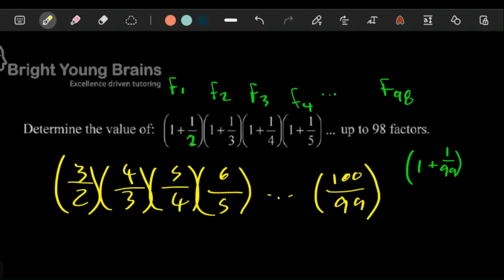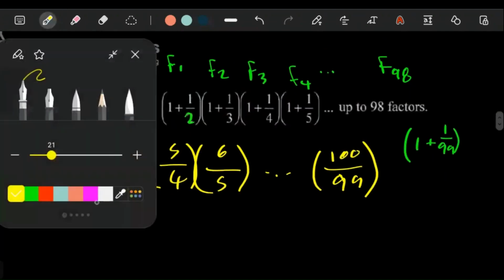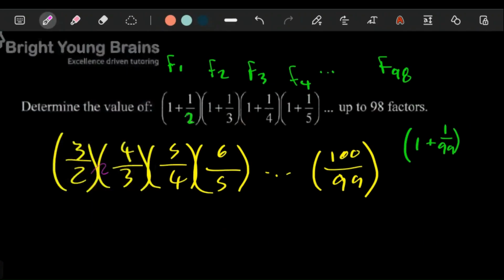Now, if you look at the trend and think of it logically, when you're multiplying all these brackets, you don't want to do it all together. Just do it bit by bit and see what would happen. If you're multiplying these two brackets, this 3 would cancel this 3, and you would have something like 4 over 2 as your answer. Then the 4 would cancel this 4, the 5 would cancel this 5, going on and on.